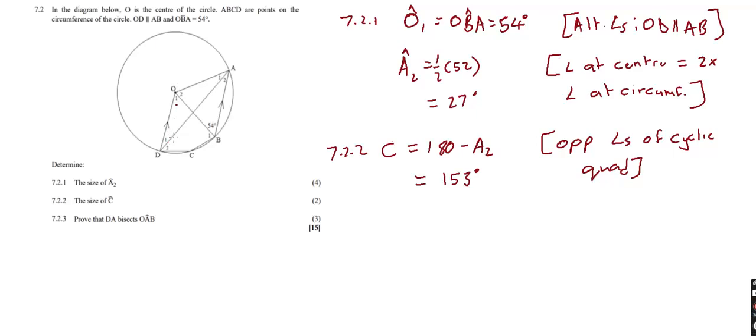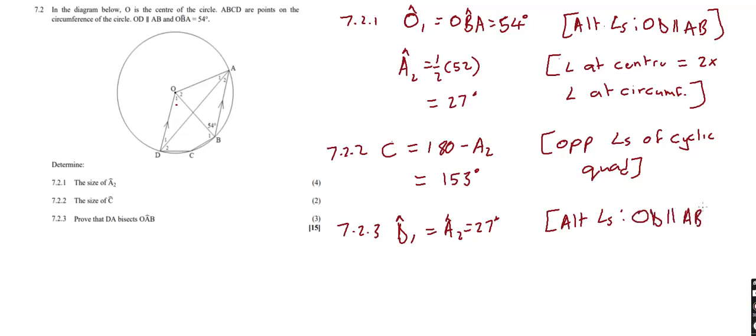So D1 and A2 are alternating angles. So D1 is equal to A2, which is 27 degrees because of alternating angles. And I said if you use any one of the parallel line theorems, then you must tell us which lines are parallel.